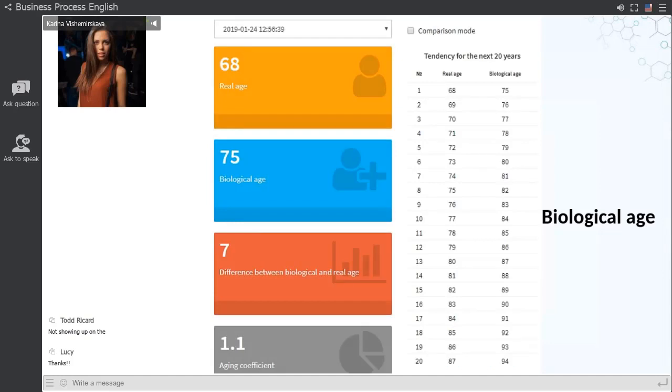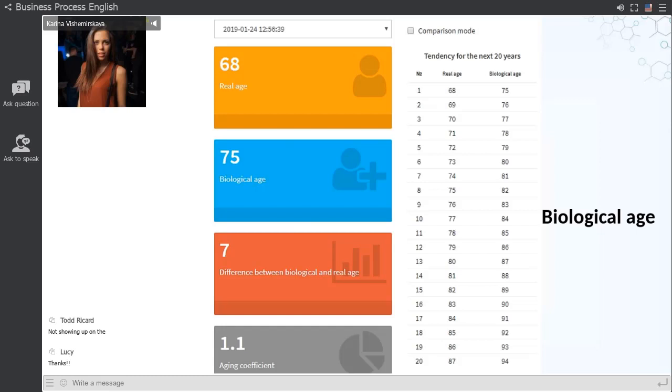The next page is biological age. I took the results of a different person because the person we were looking at before has a very small difference between real and biological age. I wanted to show you a very big difference, so I found a person with a very big difference in their results.